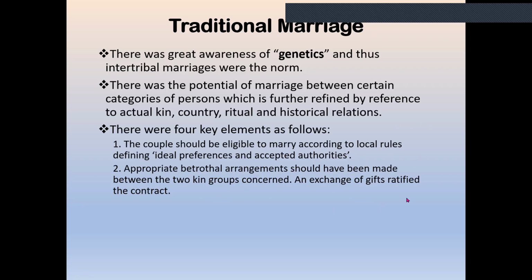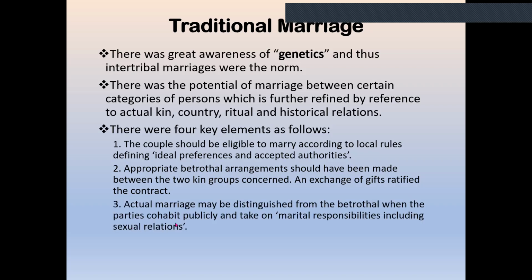An exchange of gifts ratified the contract. Actual marriage may be distinguished from the betrothal when the parties cohabit publicly and take on marital responsibilities, including sexual relations. And the union is considered to be strengthened by the birth of the first child. So when you have your first child, it's all fair income.